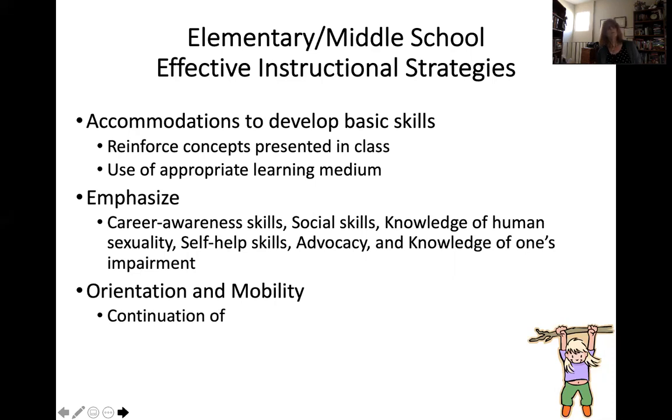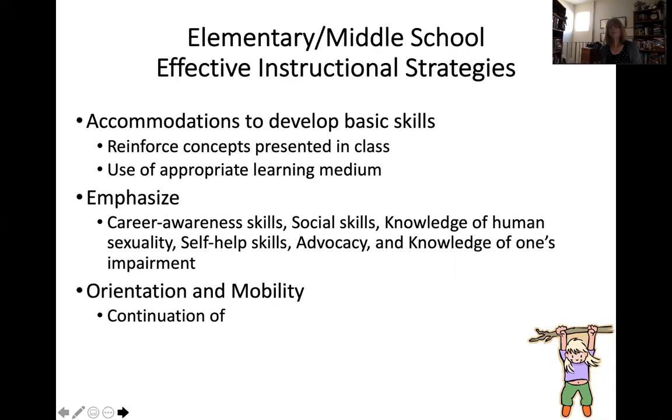What we want to do is emphasize all of those things that make us complete individuals: social skills, our sexuality, our self-help skills, how we be self-advocates, how we acknowledge each other, and also the knowledge of one's own learning challenge, right?